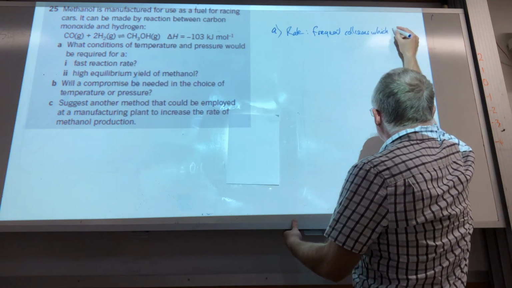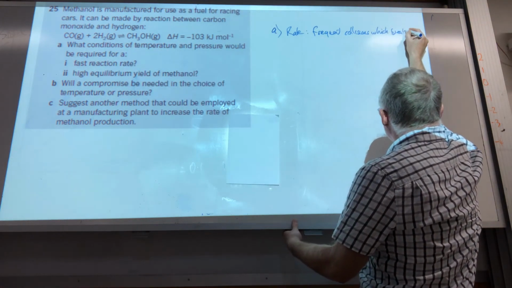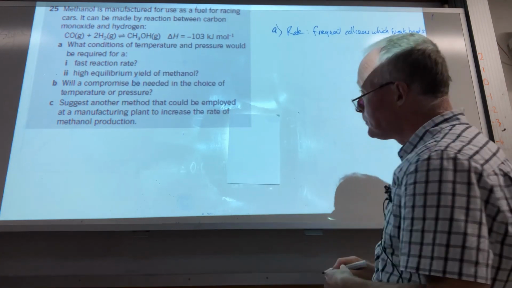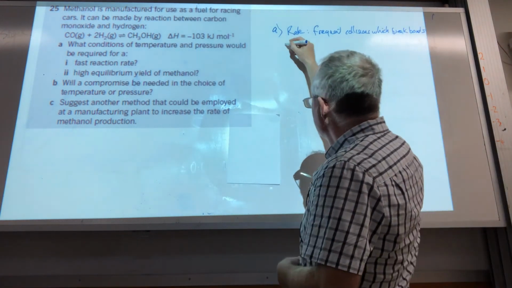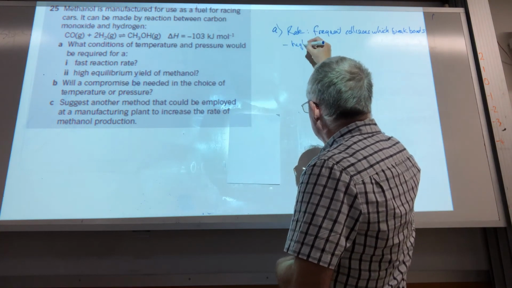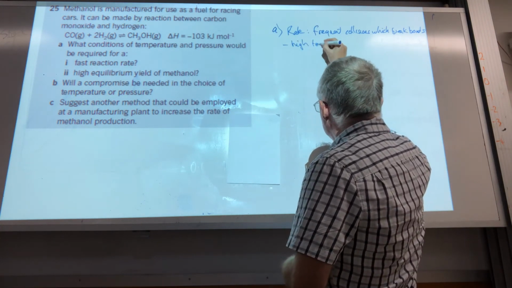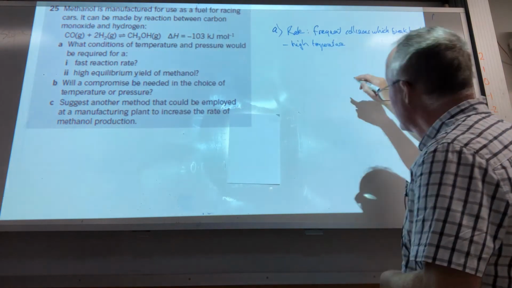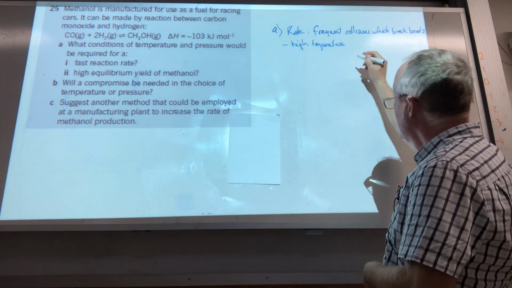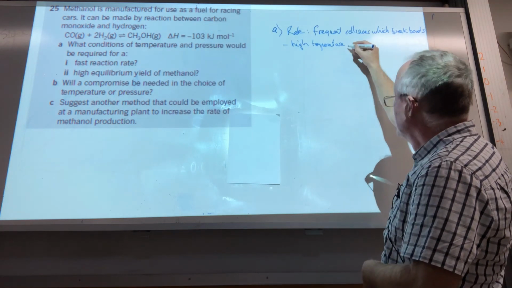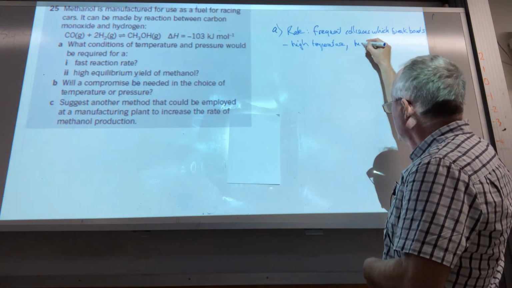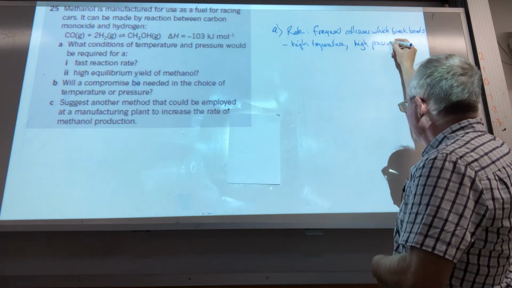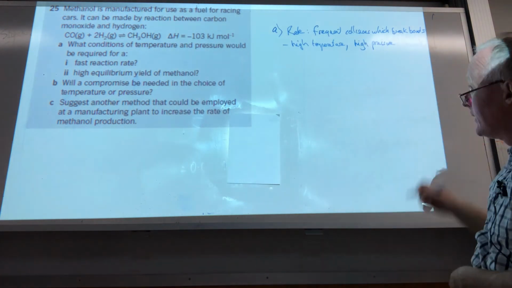That's the essential requirement for a rapid rate. And that always means high temperature, increasing the proportion of collisions with sufficient energy to break bonds, to overcome the activation energy barrier. And high pressure: you get the particles closer together, they're more likely to collide.